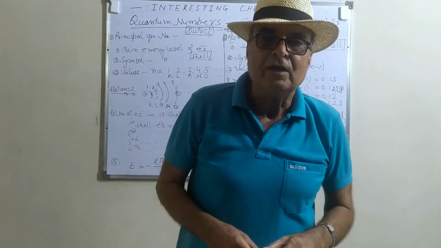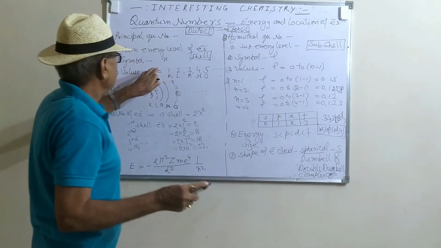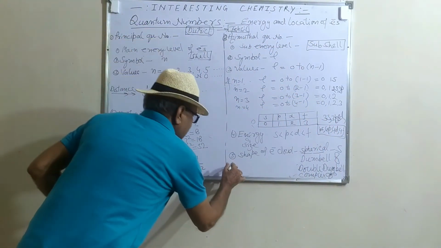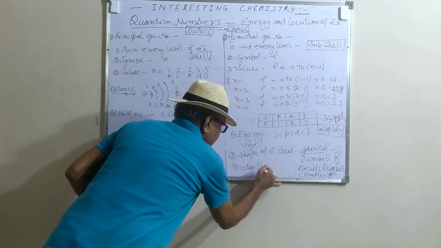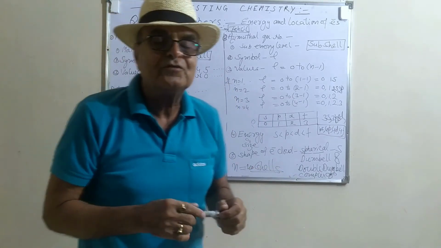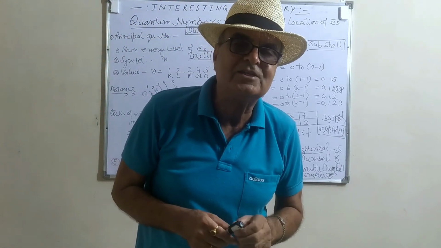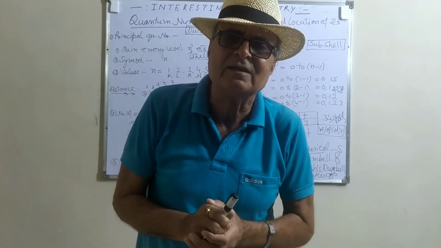Now here, one more importance: this n tells us the number of subshells. If the value of n is equal to 2, how many subshells are there?